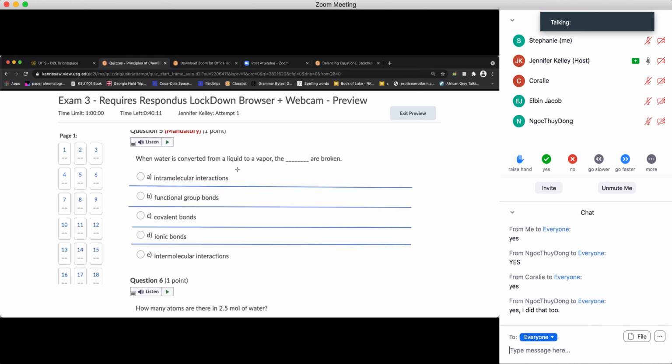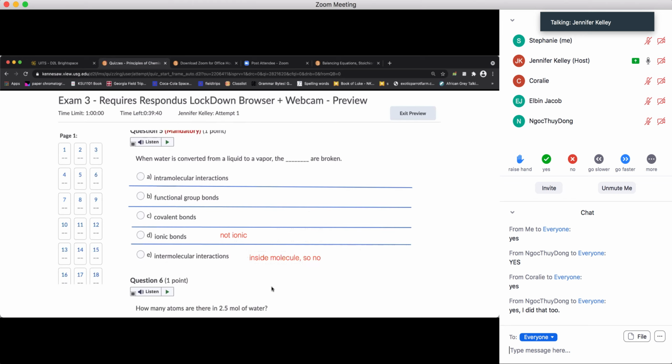Okay. So when water is converted from a liquid to a vapor, the blank are broken. So we've got to look at what is in that. So water is definitely not ionic. So it's not going to be D. It's not going to be intermolecular interactions because those are inside the molecule.